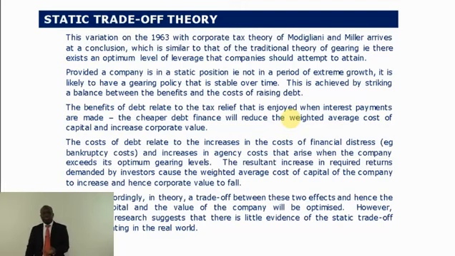So the static trade-off theory is simply telling you, if a company is reasonably stable, then they have to try and find the trade-off between the benefit of bringing in the debt and the cost of bringing in the debt. The benefit of bringing in the debt is that debt is cheaper than equity.